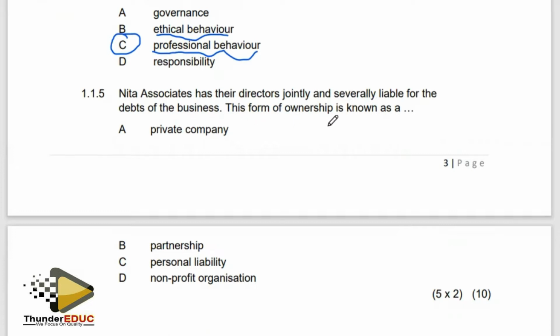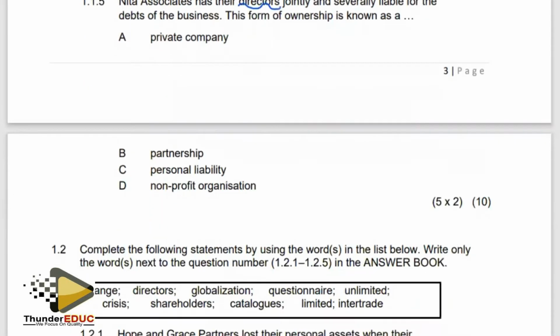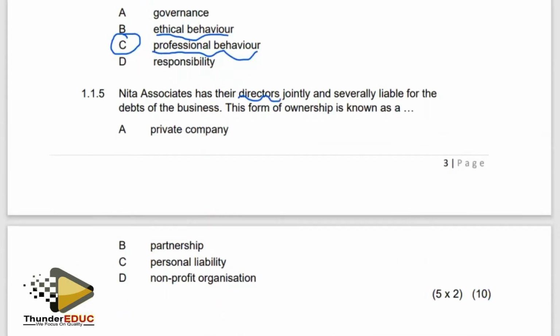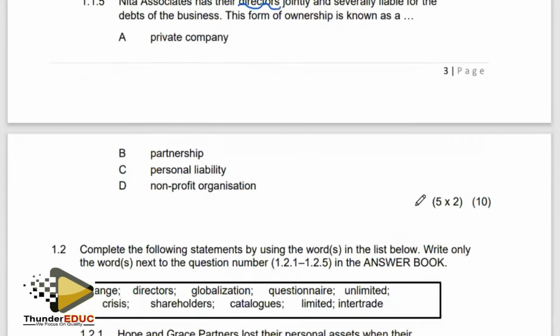This form of ownership is known as what? Just a reminder, we are talking about forms of business ownership, which you must be familiar with.